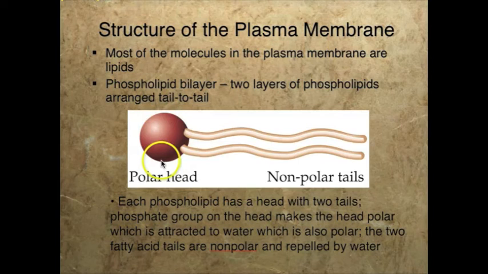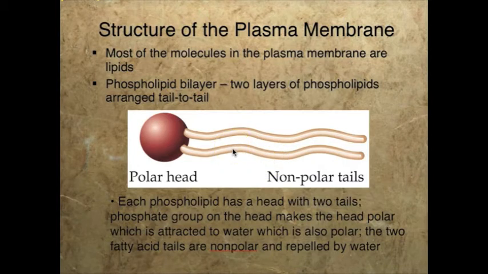We have a polar head, and then we have two nonpolar tails, which I like to call fatty acid tails. If you remember when we talked about covalent bonds, this polar head carries a charge. These nonpolar fatty acid tails are composed of molecules that are not charged.